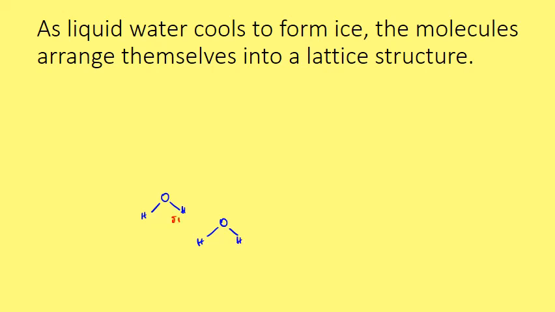Right, so this is going to be delta plus, delta plus, delta minus, delta minus, and you can have this lone pair here, another lone pair, and a hydrogen bond between the hydrogen and the lone pair, and another hydrogen bond between the next delta positive hydrogen.